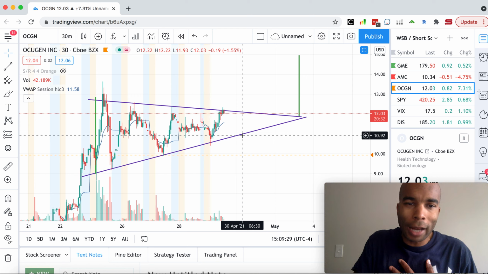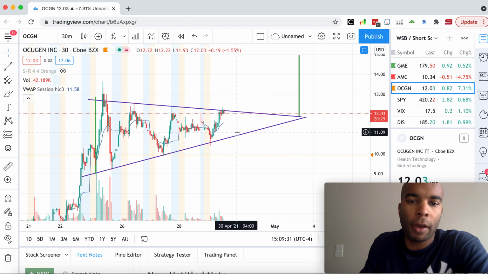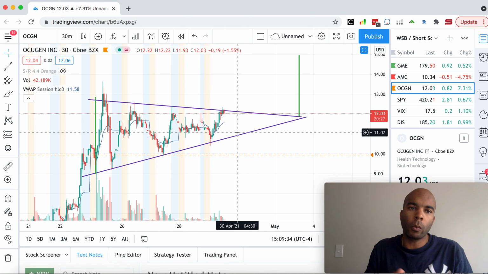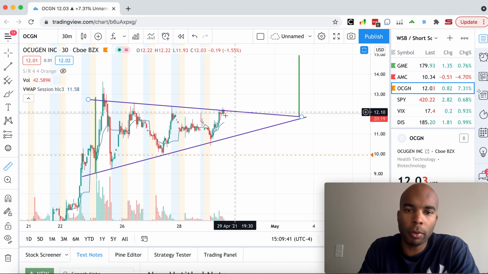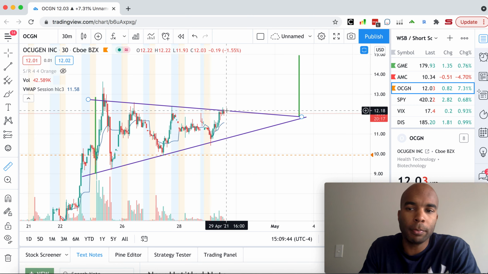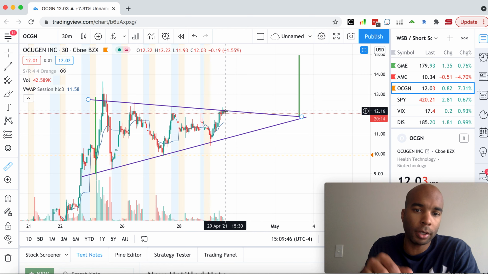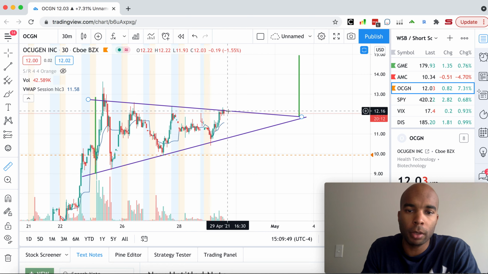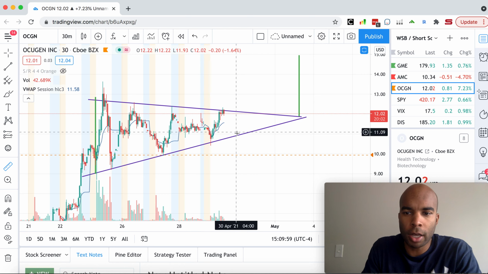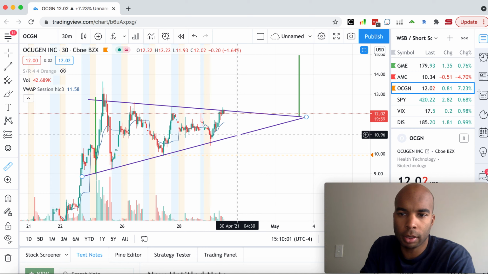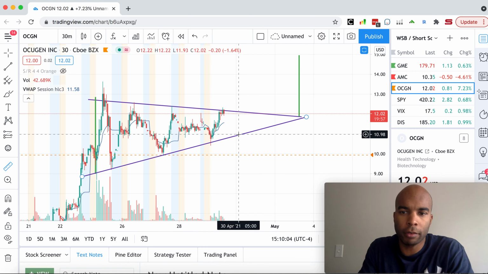So what I like to do is manage the risk to reward, which a lot of people miss out on when they're trading. If I'm going to get in this position, if I was putting a put on this position, which is betting that it's going to go down, I would get in now, and I would put my stop loss right around 12.60, and then ride it down to about this $11 level.